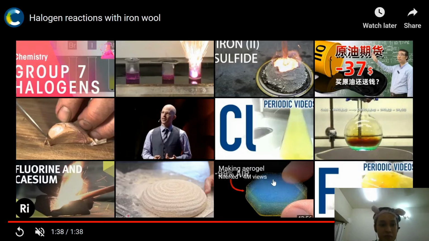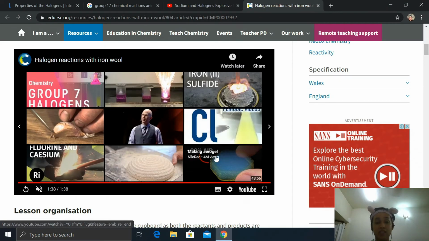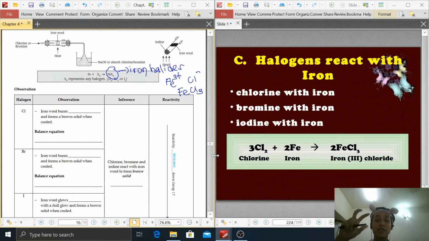Oops, the video stopped. So technically, it will take a longer time for the iron wool to burn. Hence, you will not be able to see a very clear burning compared to chlorine and also bromine. But you will still get the brown color fume, which eventually will cool down, and then you will see brown solids.